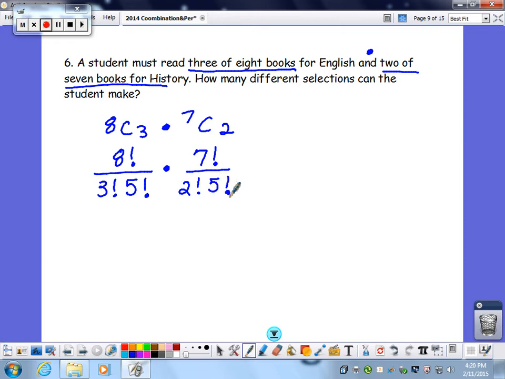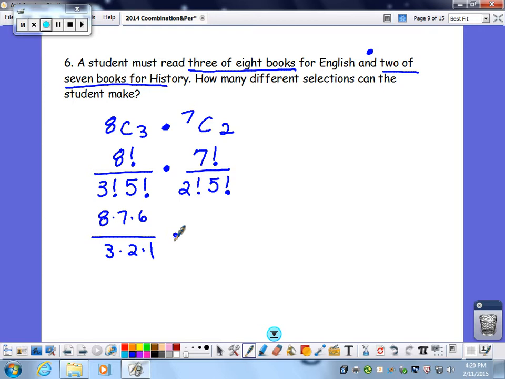Let's simplify these. Think about what we have left here. I want to simplify my 8 factorial and my 5 factorial because it gets rid of the biggest chunk of my numbers. So I can cross out 5 factorial all the way down to 1. That means in the numerator I'm left with 8, 7, 6, and in my denominator I'm left with 3, 2, 1. You can go ahead and do that math if you want to.